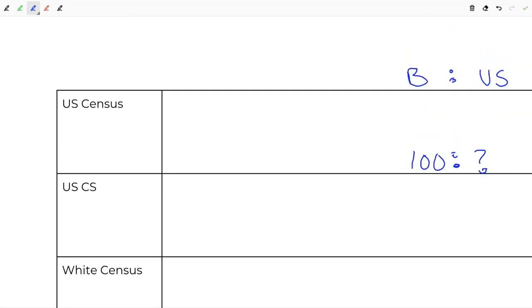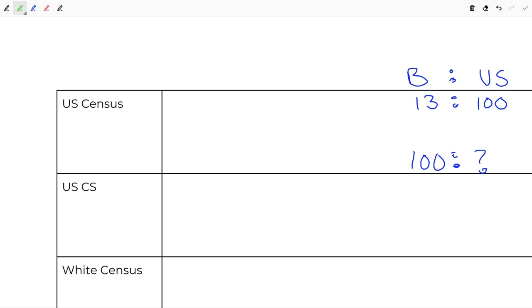And the basis for this ratio is what percent of Black people are in the country as measured by the census, which is 13 of every 100. Now we need to turn 13 into 100.